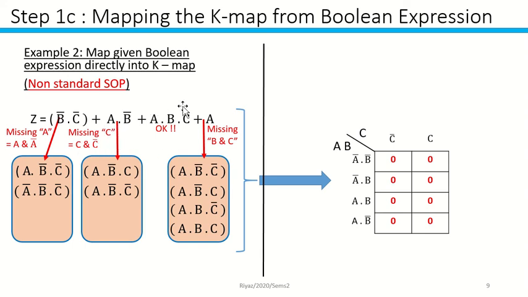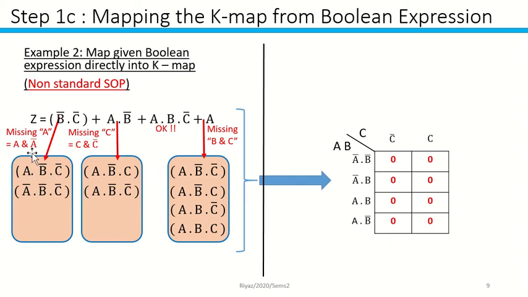Over here, have 3 inputs, so it's okay. And over here, A is missing the B and C. So for this particular, let's go one by one. You have B bar and C bar. It's missing A. So you're going to have 2 possible. Either it can be A or it can be A bar. So we have to write both of it. So the first one you have A dot B bar dot C bar.